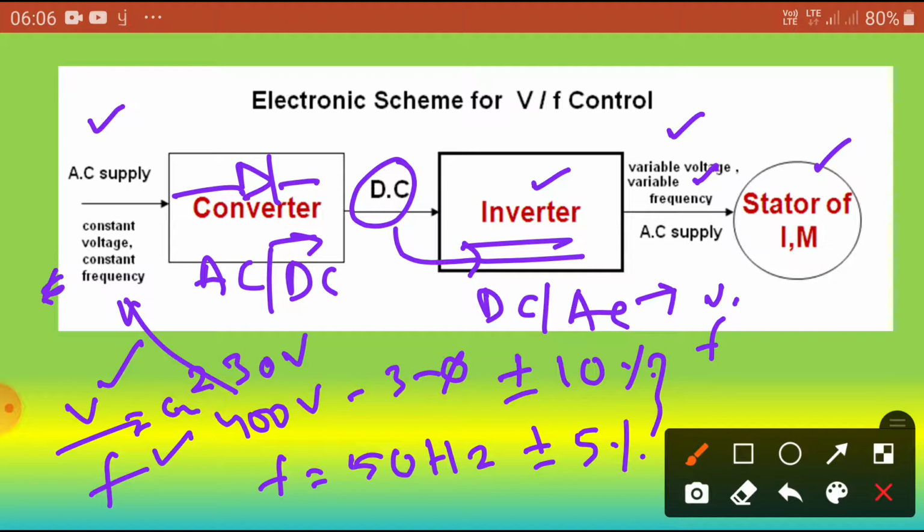AC is converted into DC with the help of our rectifier units, and from this DC we can control, as per our requirement, variable voltage and variable frequency with the help of the inverter circuit. Then, with variable voltage and variable frequency, we can control the speed of the induction motor. Okay, so this is the basic concept.